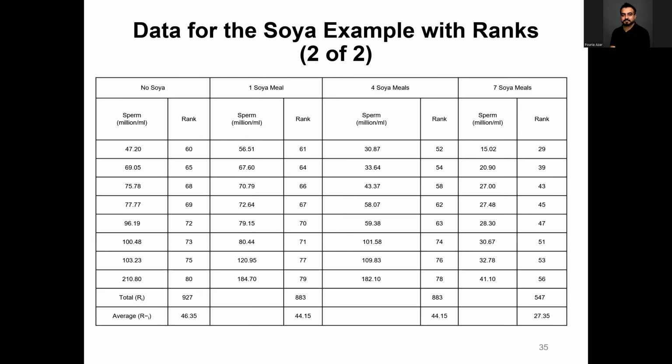So it's significant. None of the assumptions were met, so I would go with the Kruskal-Wallis test. This is SPSS. The author will show you how to do that in the YouTube video.